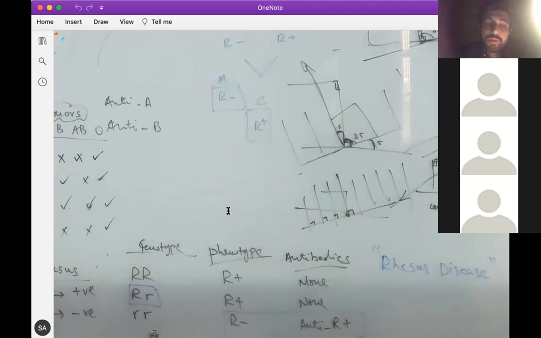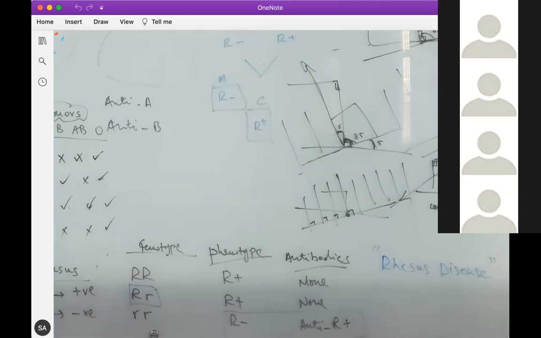And when you think about it, the mother being R negative has anti R positive antibodies. Okay, so what does that tell you?